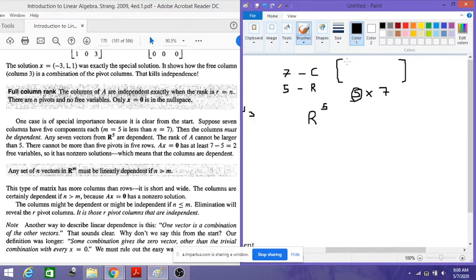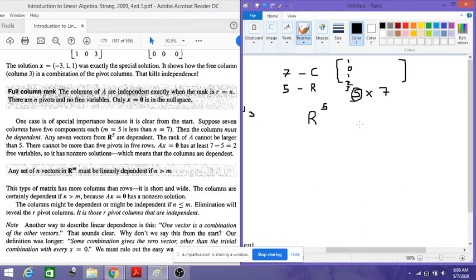Now for this matrix to be independent, it is supposed to have 7 pivots, but since we have only 5 rows, for example 1 0 1 2 3, even if you go with the elimination, we are left with 2 columns that don't have pivots, so they become free columns.